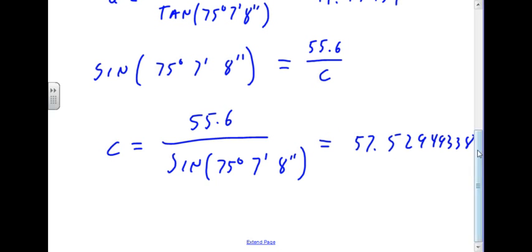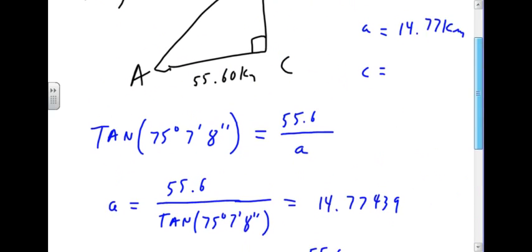But we only want 4 significant digits, so 57.53.